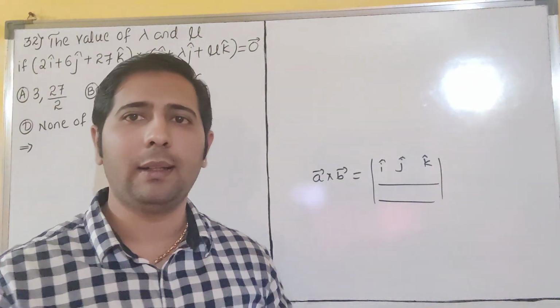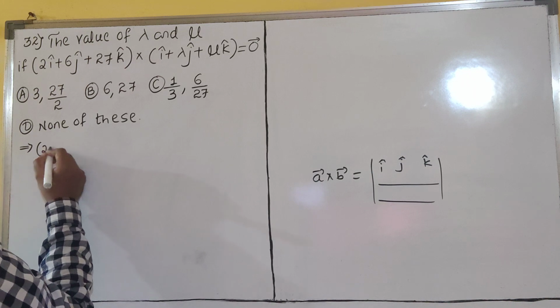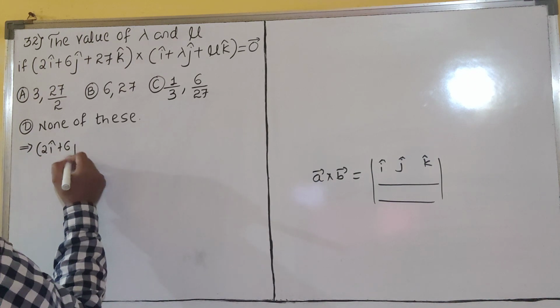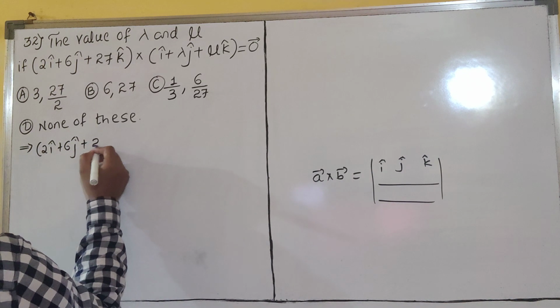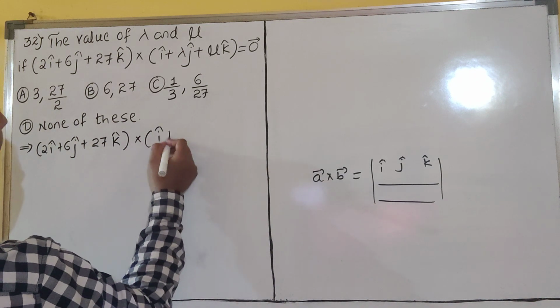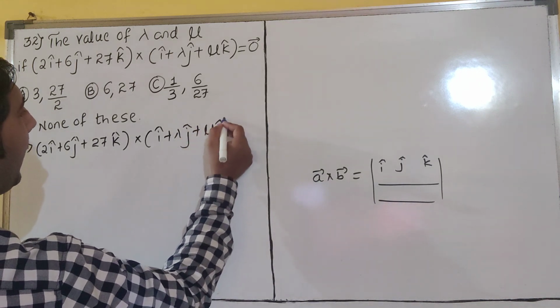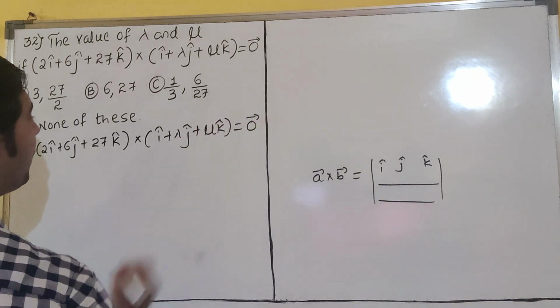Can you remember? Similarly, this is also a cross product. Then I can write it like this: (2i + 6j + 27k) cross (i + λj + μk) is equal to the 0 vector.